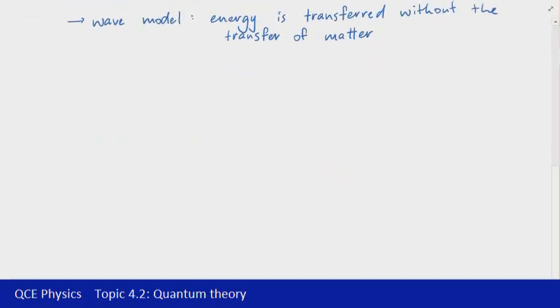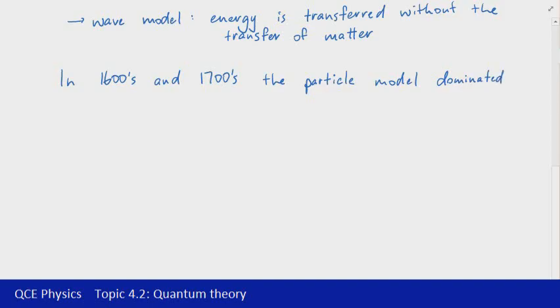Now, as I mentioned, early on in our understanding of light, and so we're going back to the 1600s and 1700s, light was thought to be a particle. And the reason for that was the idea of rays of light that you could identify: there's a light source and there's light projected onto a wall, so there's these rays that are being radiated out by the light source.